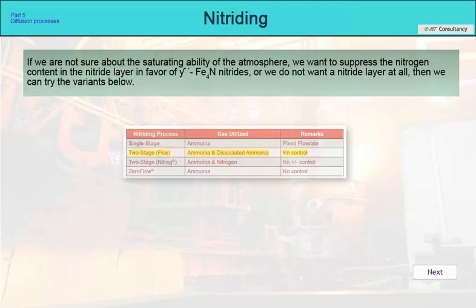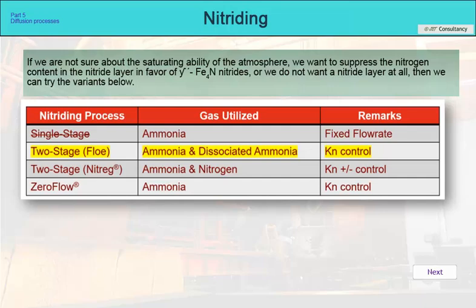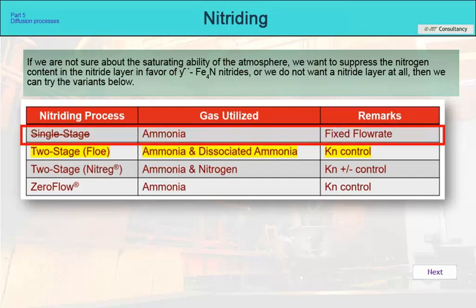If we are not sure and do not want the nitride layer to be too saturated with nitrogen, or we do not want this surface layer of nitrides at all, we can use a suitable combination of saturation and diffusion periods. Single-stage nitriding in ammonia can be excluded. The surface is saturated directly proportional to the ammonia content and its thermal dissociation depending on the nitriding temperature.